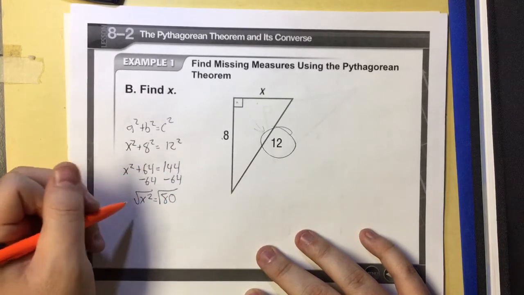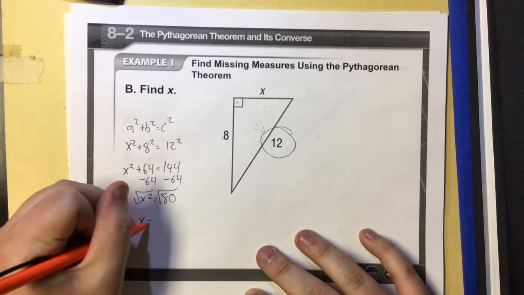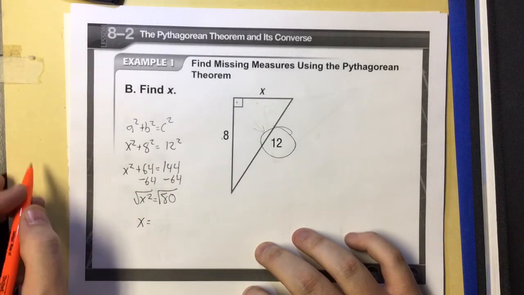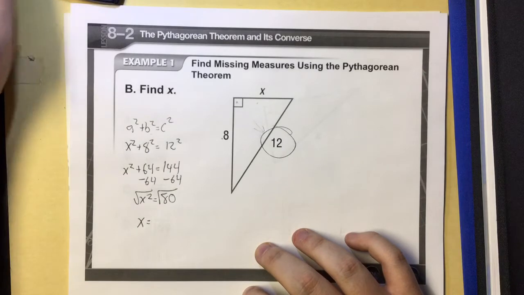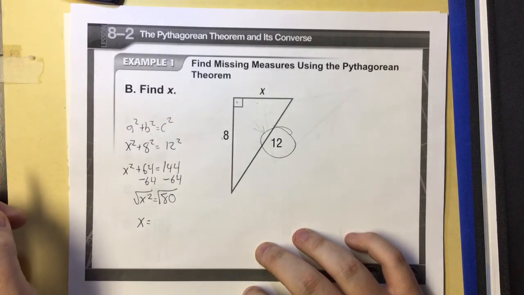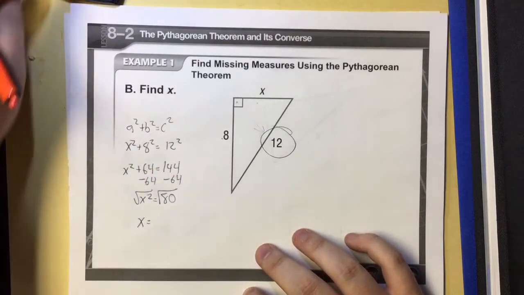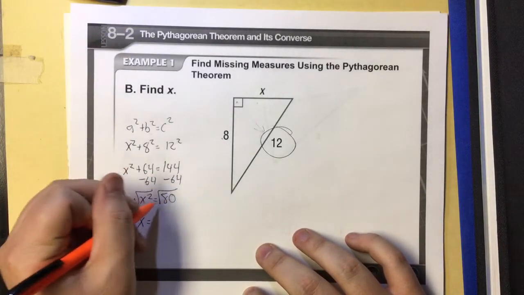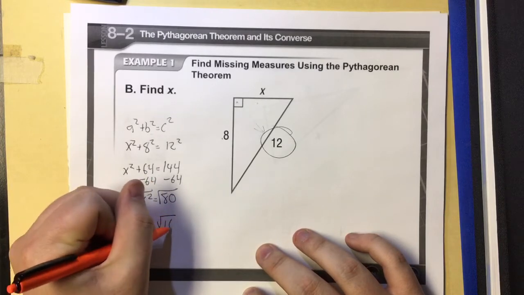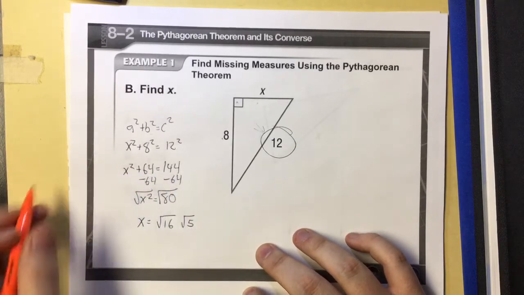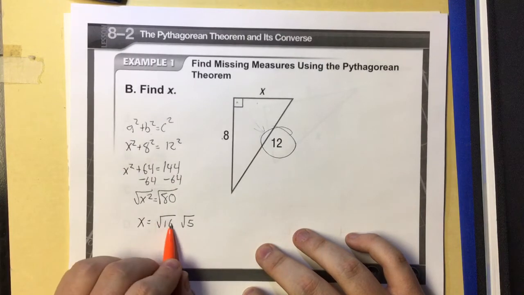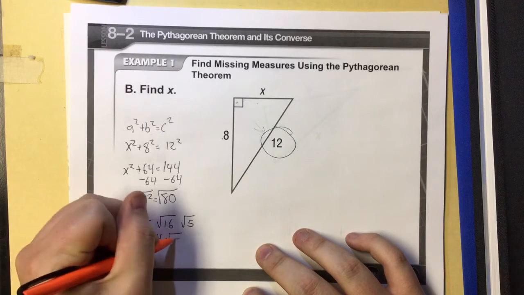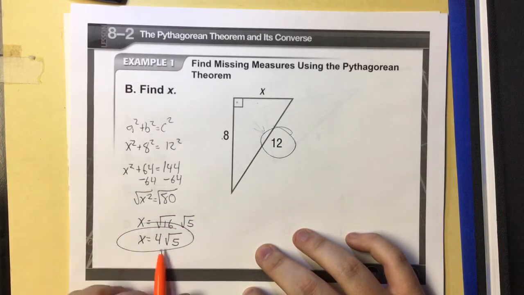Take the square root, so we have x equals the square root of 80. Now 80 was not one of those numbers in our list of perfect squares, but it is divisible by one of those numbers in our list of perfect squares. If we do 80 divided by 16, we get 5. So we break 80 apart to the square root of 16, square root of 5. 16 is a perfect square, and the square root of 16 is 4. So 4 radical 5 is our answer in radical form.